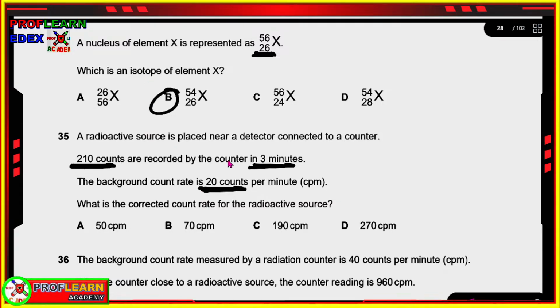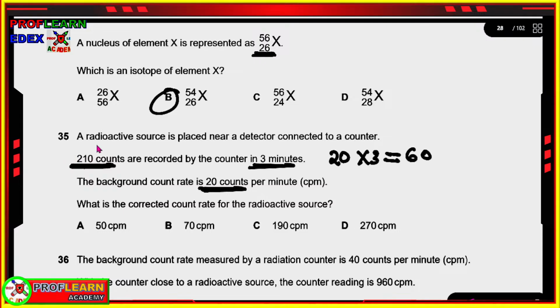Now, in order to work this out, we need to work out the background count. It's 20 counts per minute. So to get the count for 3 minutes, it is going to be 20 times 3, and that translates to 60 counts.